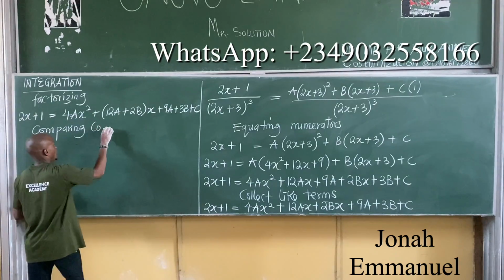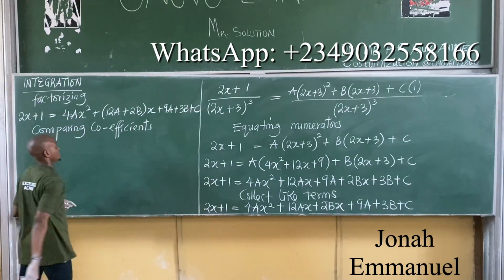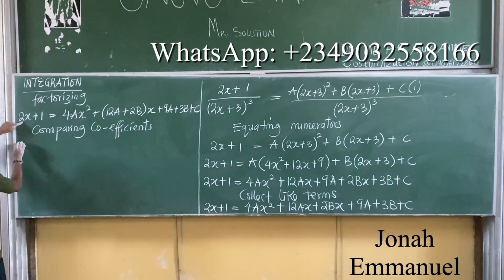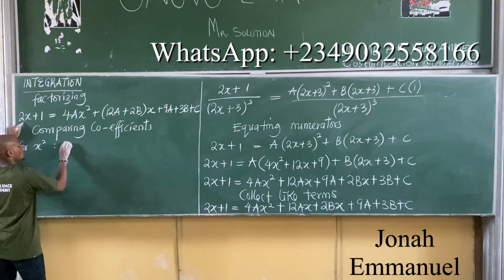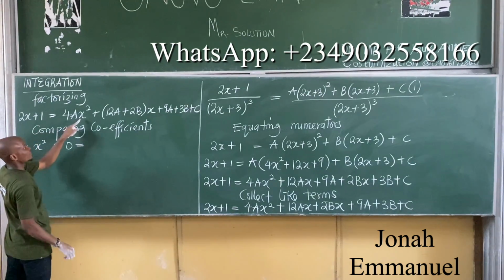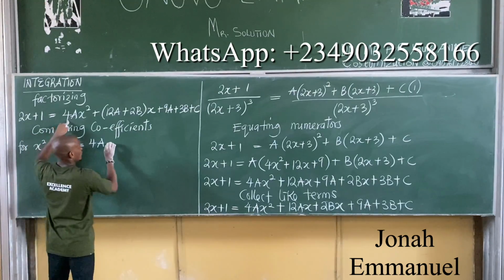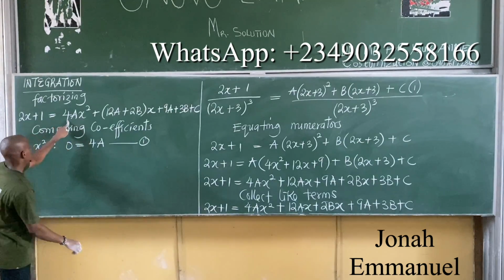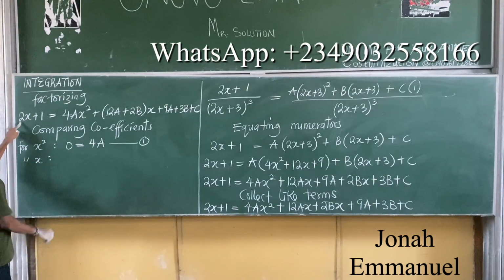Comparing coefficients. For x squared, there is no x squared here. So 0 is equal to the coefficient of x squared here, which is 4a. Equation 1. Next up, for x, the coefficient here is 2.